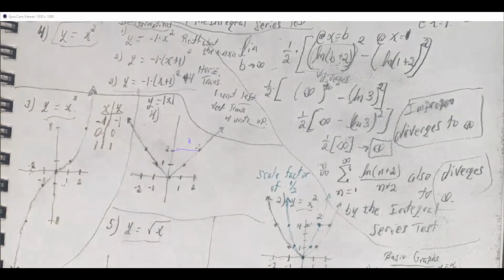And what is half of 2 units? 1. Good. So now you're going to be only 1 unit away from the y-axis. So this point moves in by 1/2 the distance, or division of 2. Is that okay? So this point on the original basic absolute value is now right here instead.